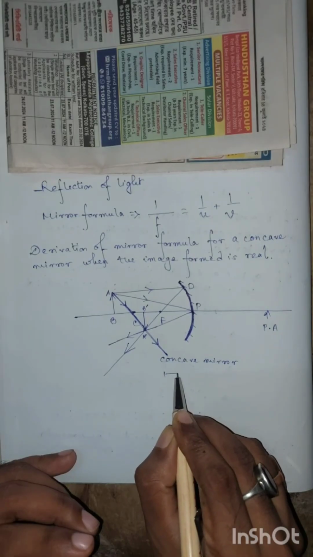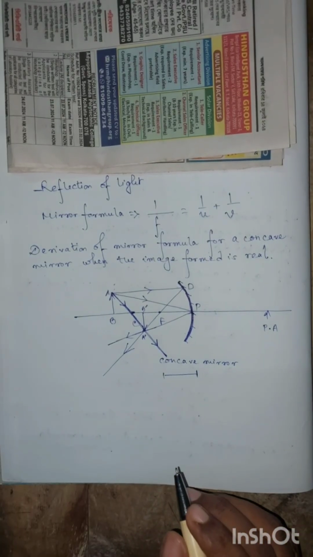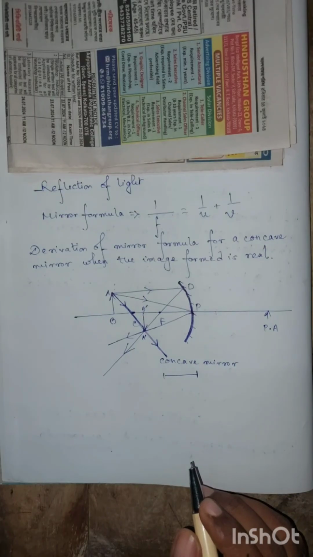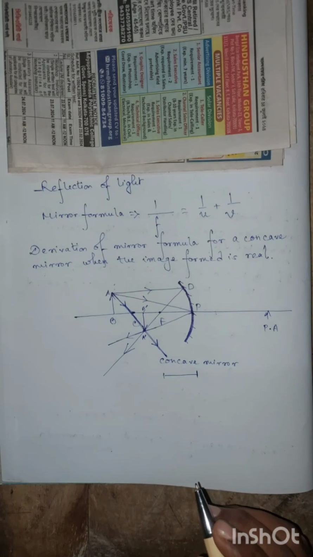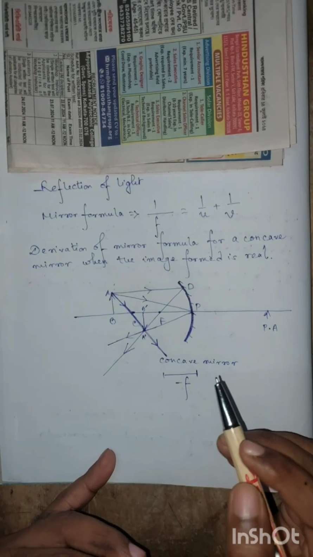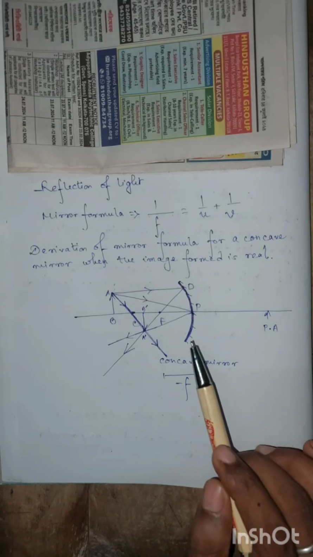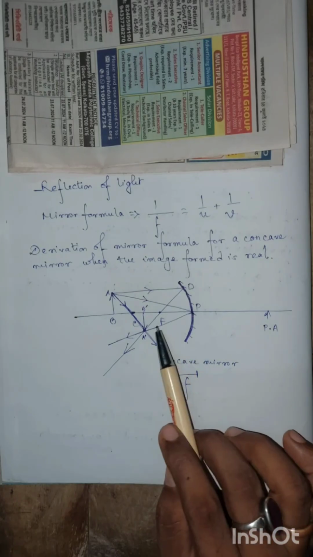This is our focal length, which is minus f, because we are measuring it opposite to the direction of light.